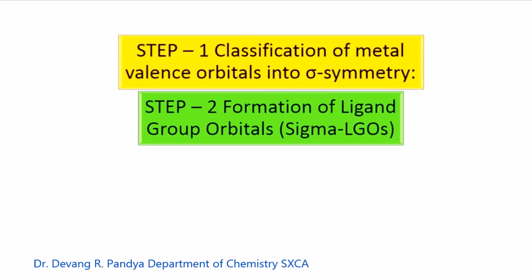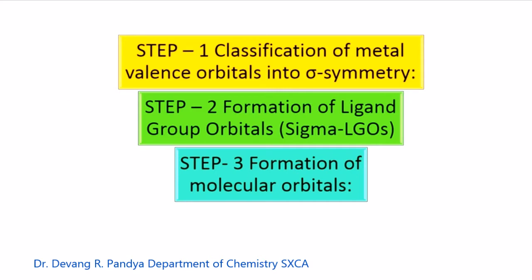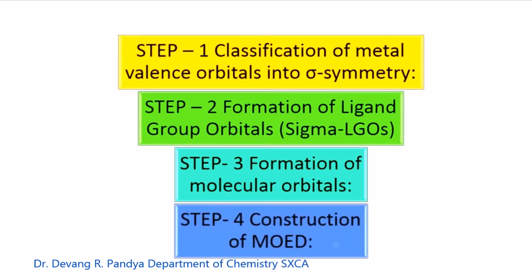Step 3 is the formation of molecular orbitals, and we generate the wave function associated with the metal ligand interaction. And step 4, using all the 3 steps, we construct the molecular orbital energy diagram.